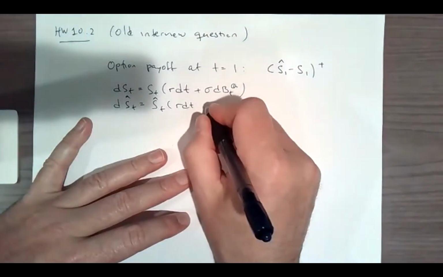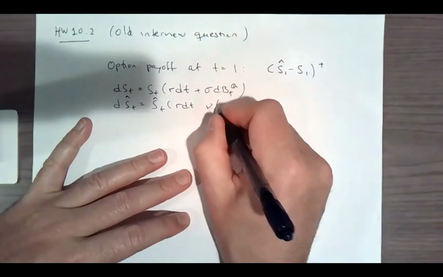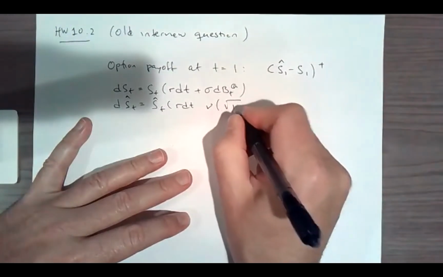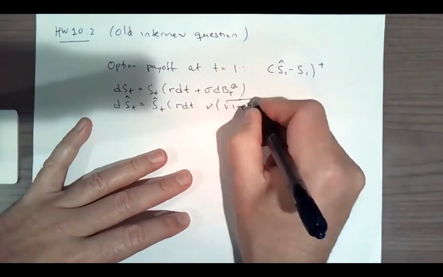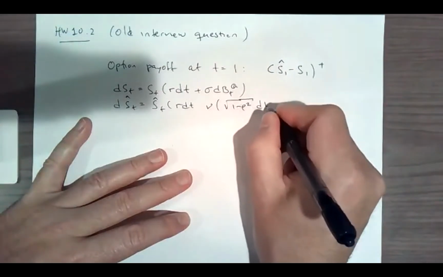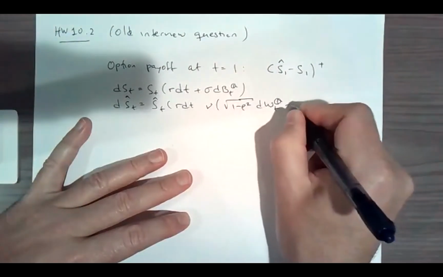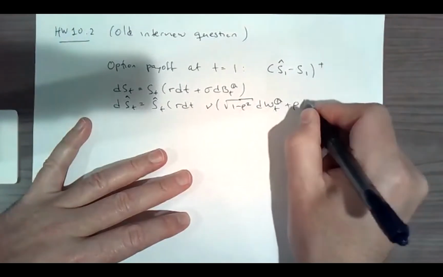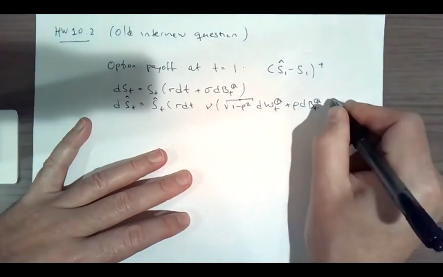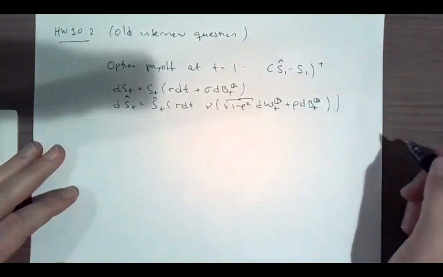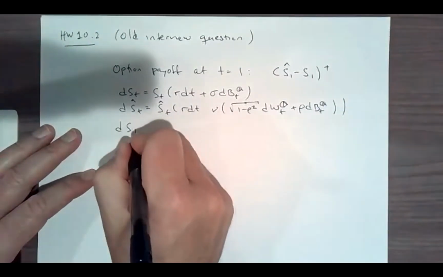We call it rho. And you'll see this construction a lot where you have a parameter rho, and then you mix two Brownian motions using this rho parameter. And of course we have the money market account.